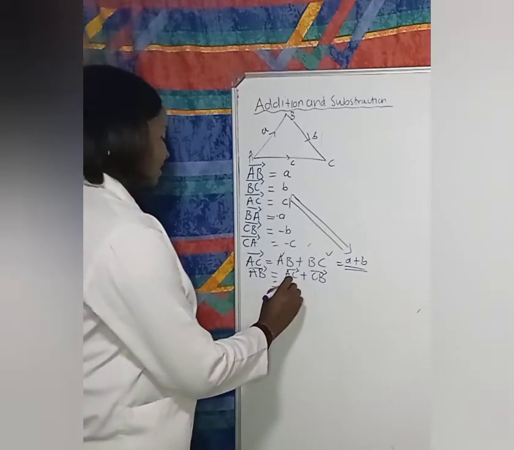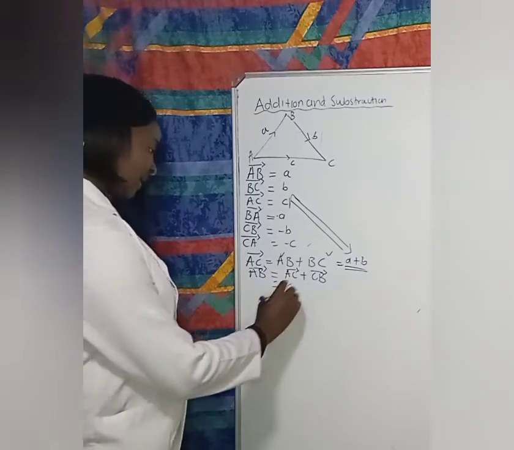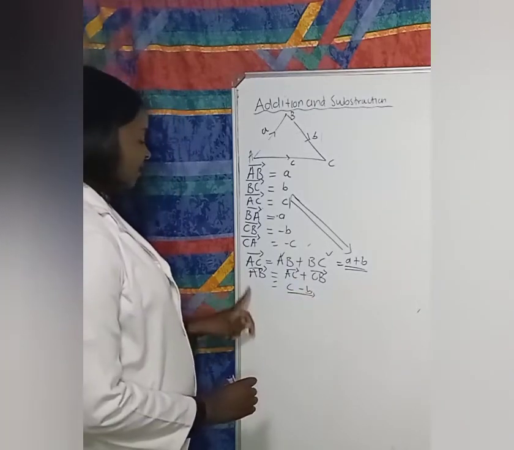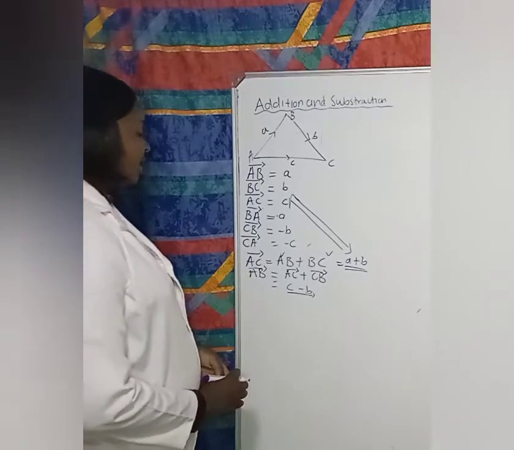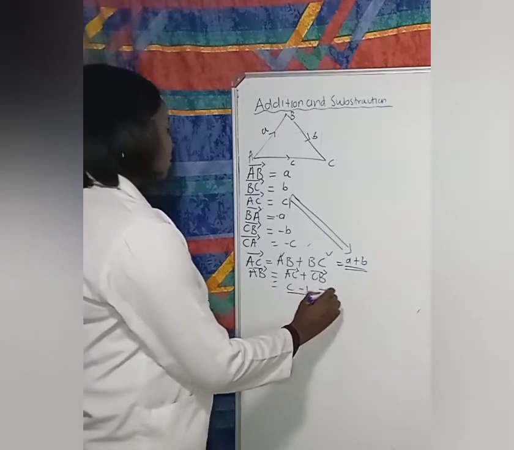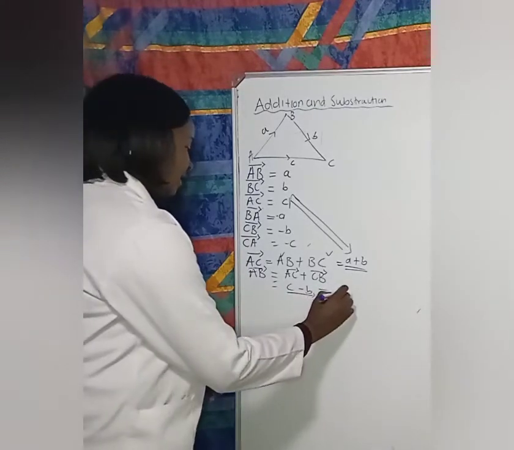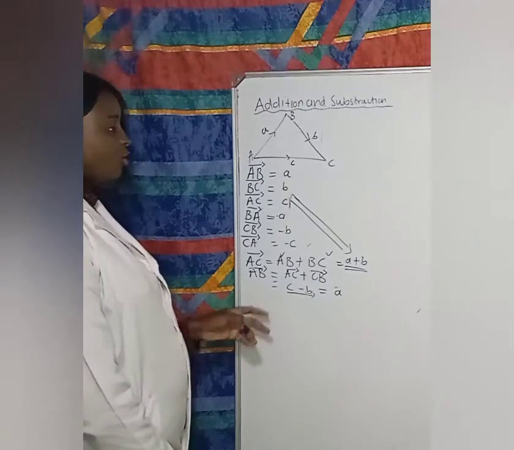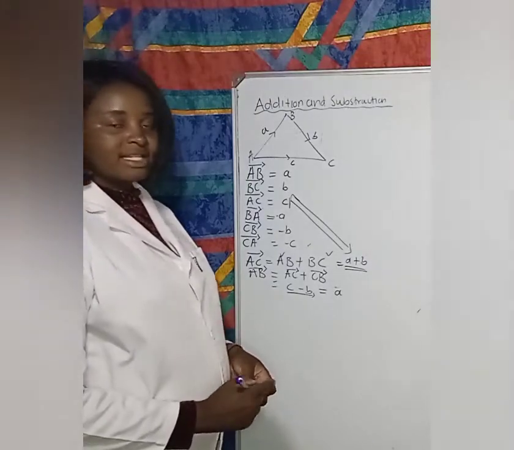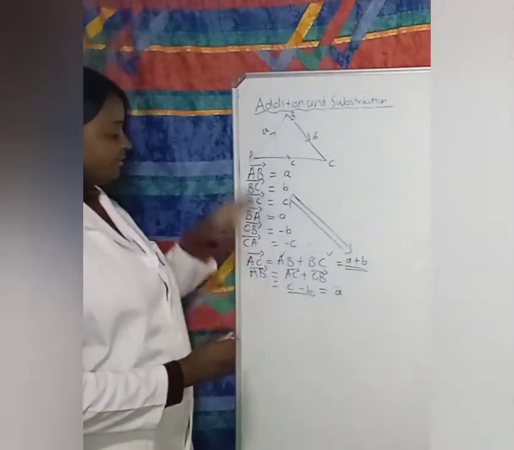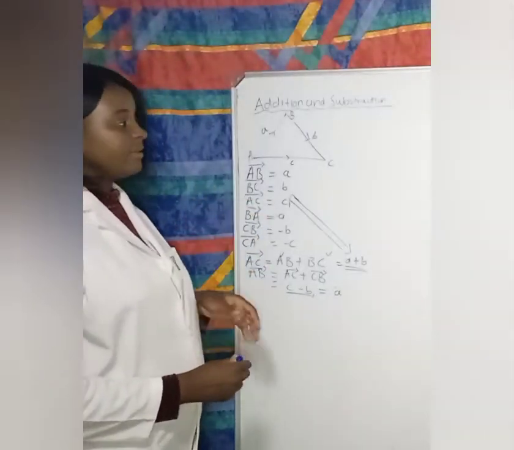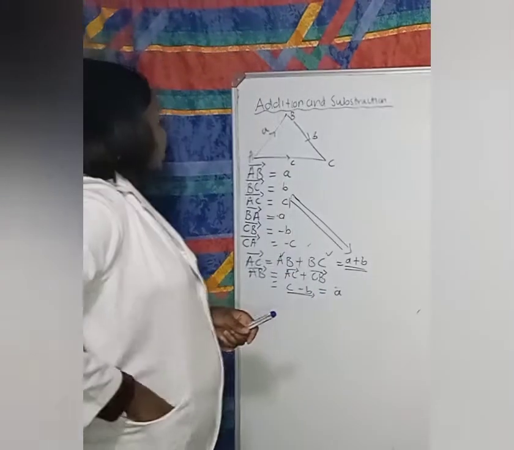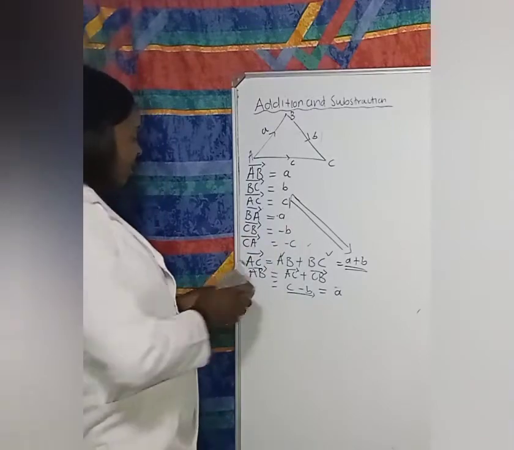So our AC is C, but CB is going to be minus B. So in other terms, vector AB is equal to C minus B, and this C minus B is also equal to A, okay? I hope we are together on this first step. These are the facts that I need you to know and be familiar with as we'll be working with these vectors. So now, let's move on to the next one.